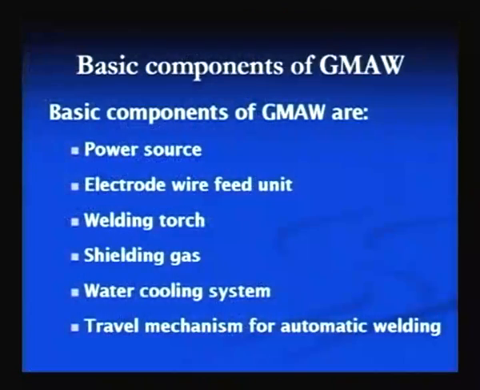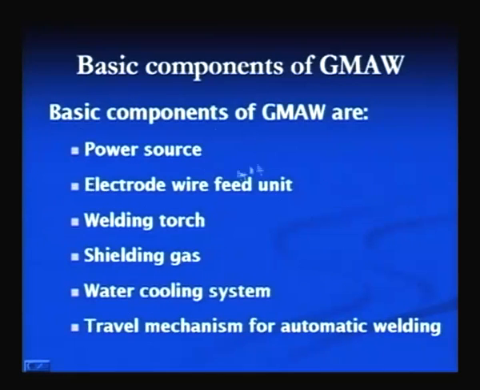The basic components of the gas metal arc welding process are the reason we get a high production rate even during the welding of reactive metals like magnesium, aluminum, steels, stainless steels particularly, or high quality weld joints in alloy steels and carbon steels.